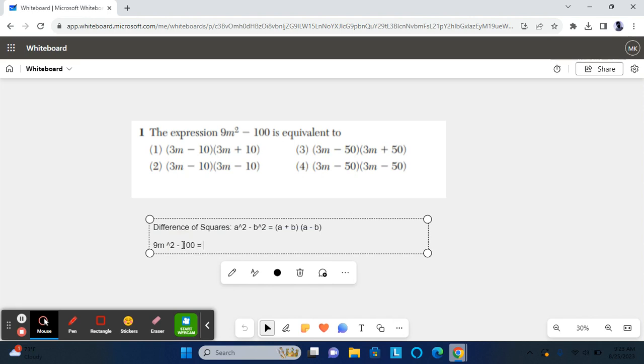You take the square roots of that, and you get 3m plus 10 times 3m minus 10, which is answer choice 1.